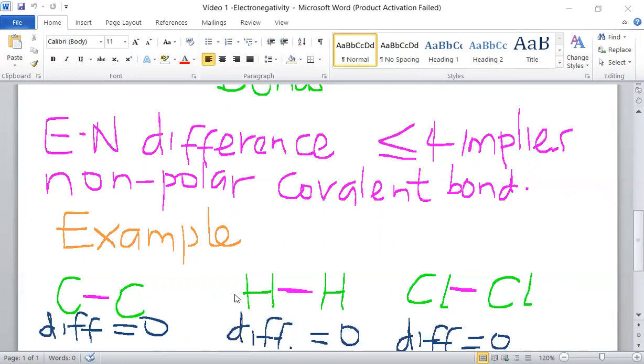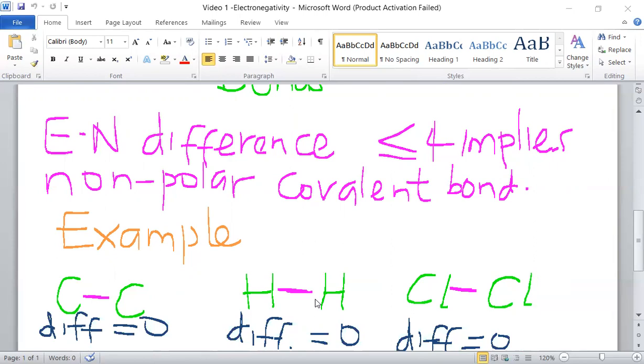The bond between two hydrogen atoms will also be essentially non-polar because the electronegativity difference is 0. Likewise, as long as the atoms on either side of the covalent bond are the same, the electronegativity difference will be 0, and that covalent bond will be non-polar.